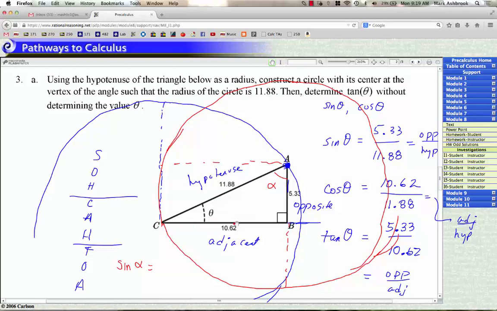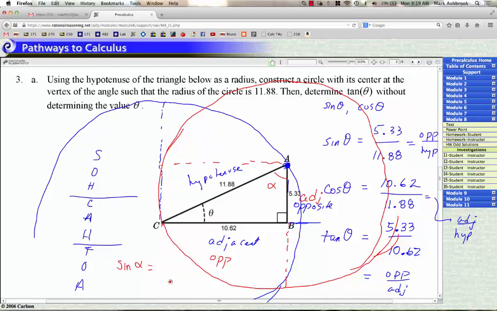this would be the vertical height, right? So for alpha, this is the opposite side, and this is the adjacent side. So this 5.33 would be about horizontal position relative to alpha, okay, or cosine.